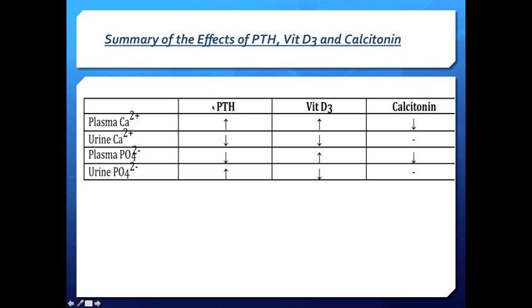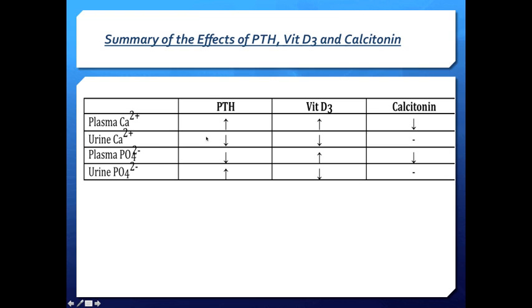PTH, after it's secreted, will facilitate an increase in plasma calcium. The antagonistic hormone, calcitonin, will do the exact opposite. Vitamin D3 serves as a synergistic hormone with PTH.